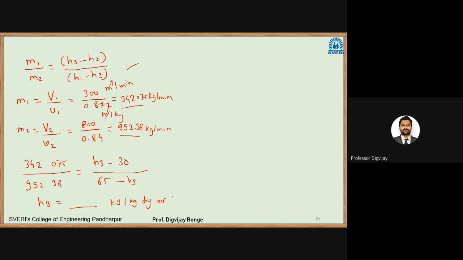You can do this equation in steps also, or otherwise you can put this equation directly into your calculator, and if you go for solving, it will give you the value of H3.